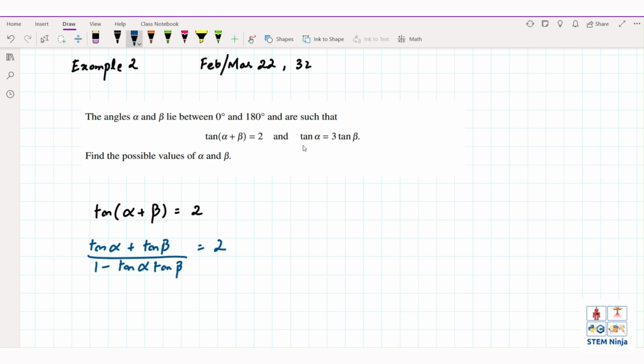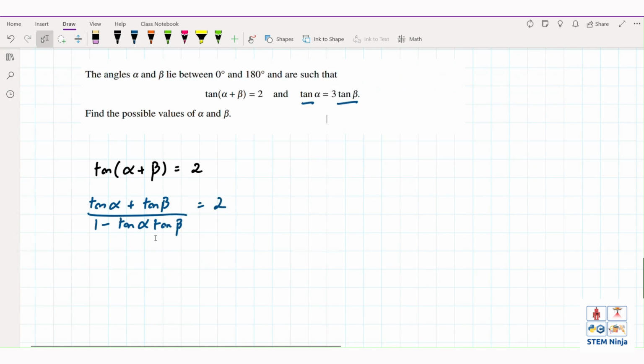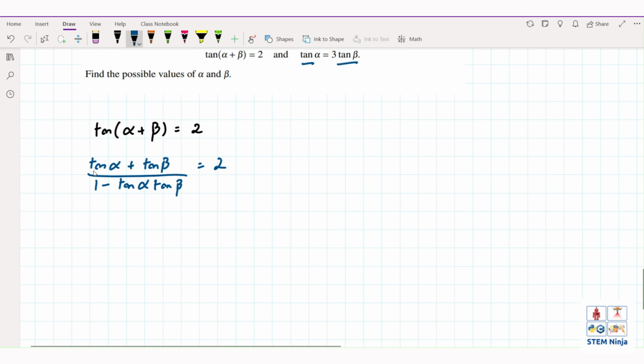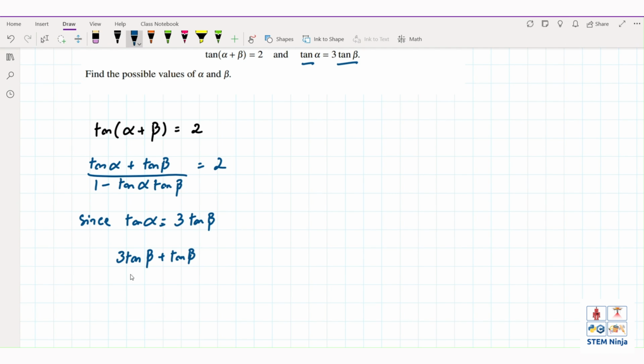Now, since tan alpha is equal to 3 tan beta, we replace every instance of tan alpha with 3 tan beta. So 3 tan beta plus tan beta divided by 1 minus 3 tan beta times tan beta equals 2.